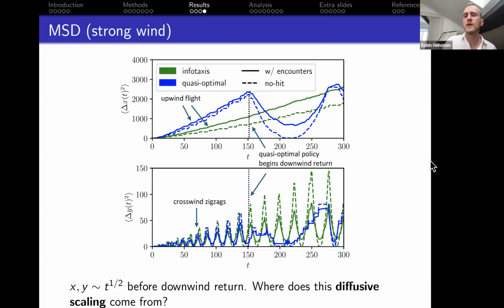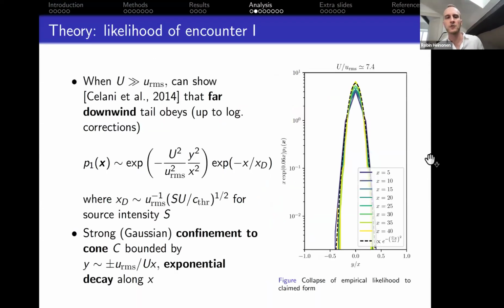So much of the remainder of the talk will be focused on where this diffusive scaling comes from. Can we derive it somehow? To this end, we first get an analytical expression for the likelihood in the large wind limit. This was already a problem basically solved.